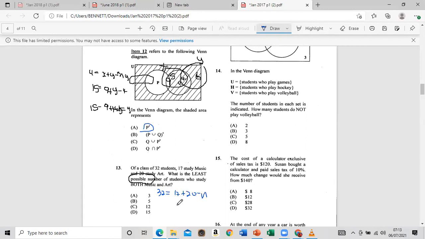So this will give us 37, and then when we carry it over, this becomes minus, so the answer is negative 5. But when we take the negative of both sides and divide by negative 1, the negatives cancel, so this is 5.